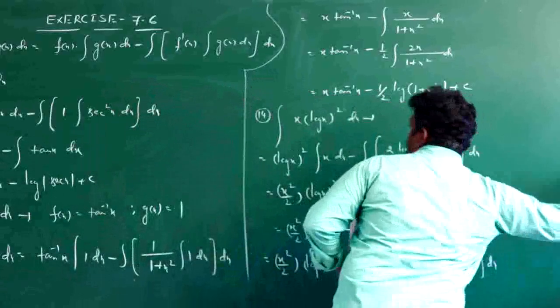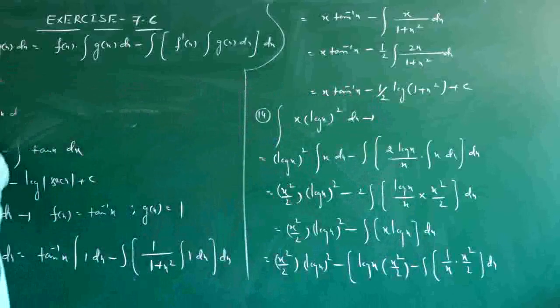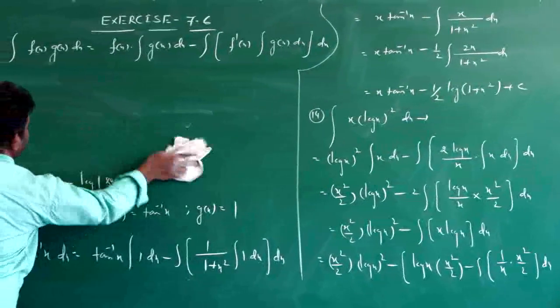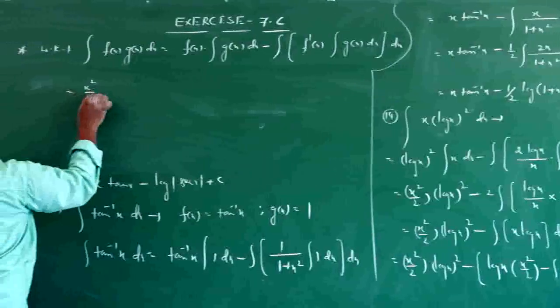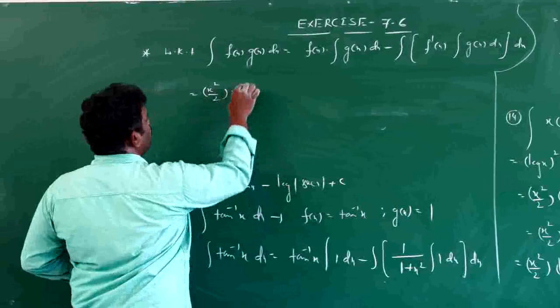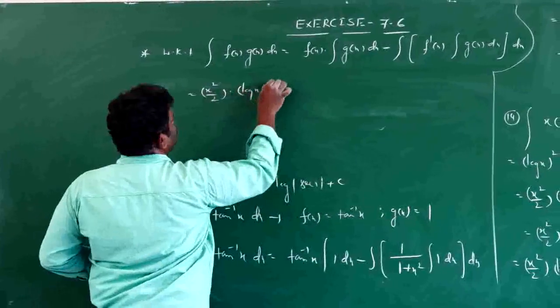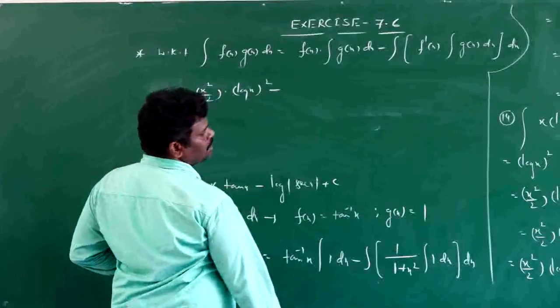Continuing, that is equal to x square by 2 into (log x) whole square, minus x square by 2 into log x, minus into minus becomes plus.